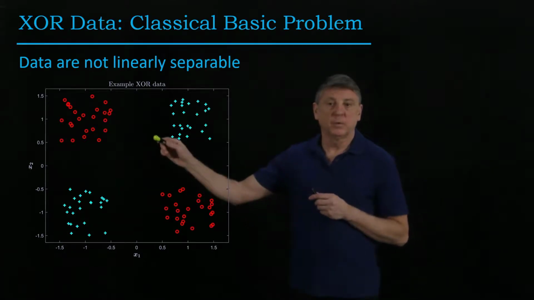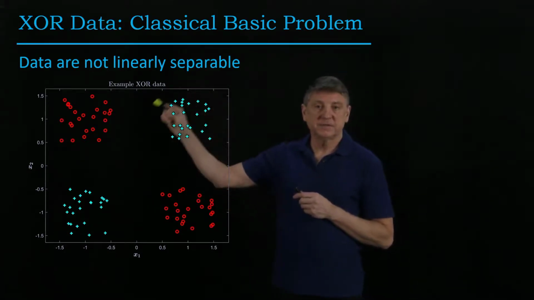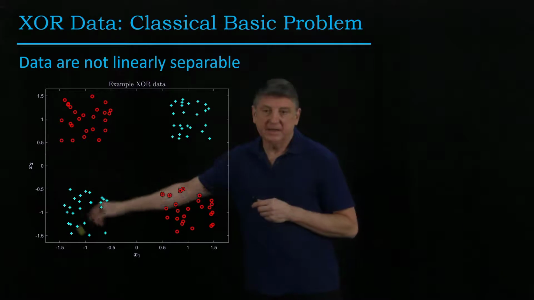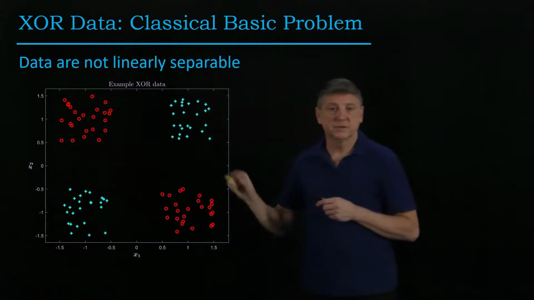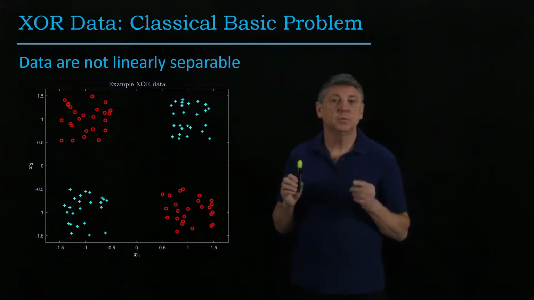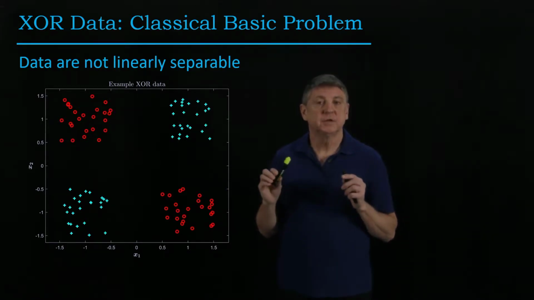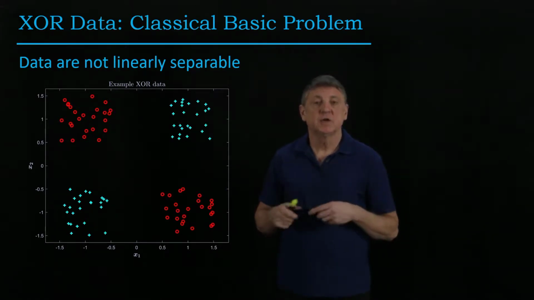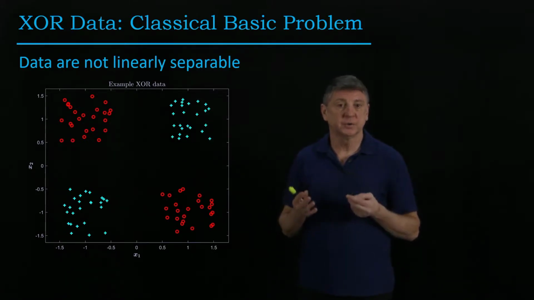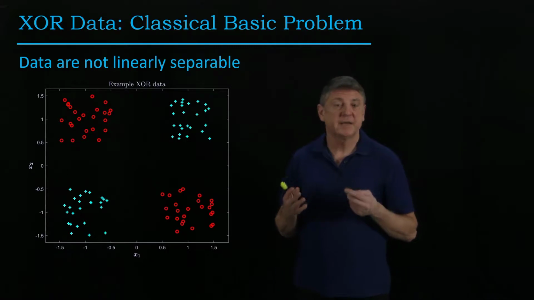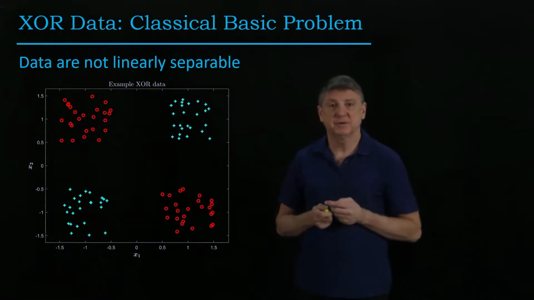So here, our positive set is in this group and in this group, and our negative set is this group combined with this group. And there's no way in two dimensions that we can separate these data. So this was an example of a problem that was recognized early on in artificial intelligence as being difficult to solve with a perceptron.